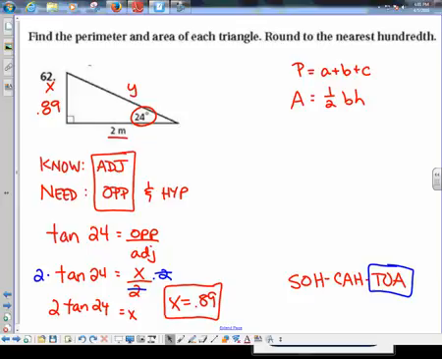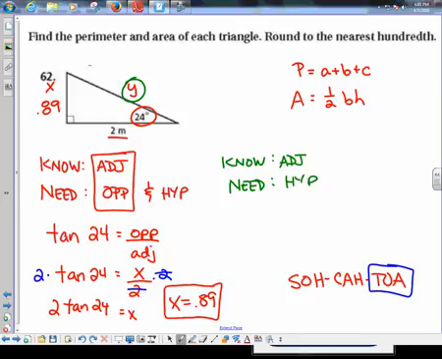Or maybe you want to use trig functions. Let's use trig functions just because we've got them handy, right? So this is what I know and what I need to know. I know my adjacent, I also know my opposite, but my adjacent is a nice whole number instead of a decimal. And what I need to know is now the hypotenuse.